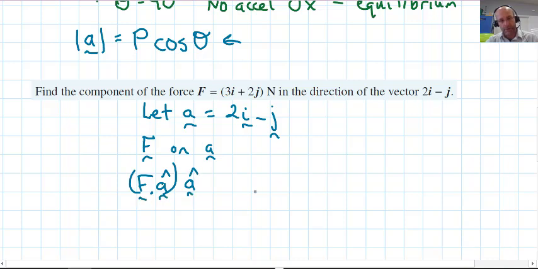So if you want to break it down, firstly, to get the unit vector of A, we get the vector of A and divide it by its magnitude, which is root 5. You can do a bit of Pythagoras by now, and one way of writing that is this.